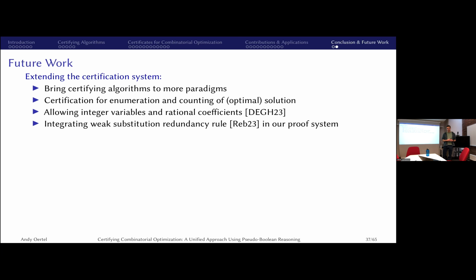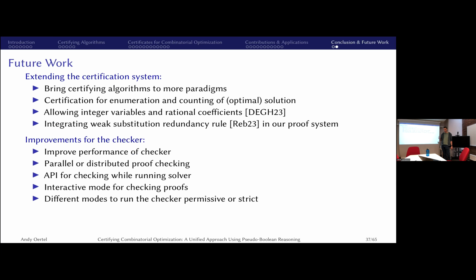Currently we only allow Boolean variables and integer coefficients, but it should be possible to extend this to integer variables and also allow rational coefficients. There has been preliminary work on that, which has been purely theoretical. And finally, it would also be good to integrate this weak substitution redundancy rule into our proof system.